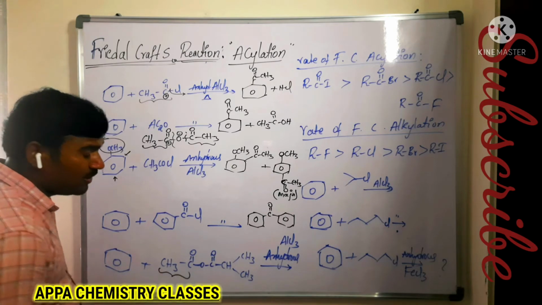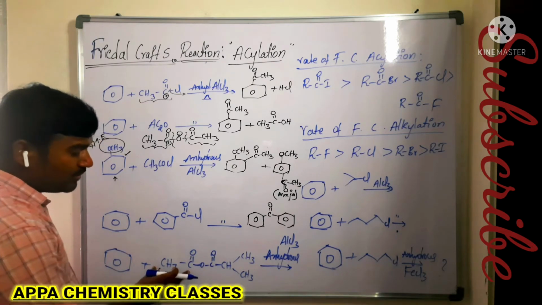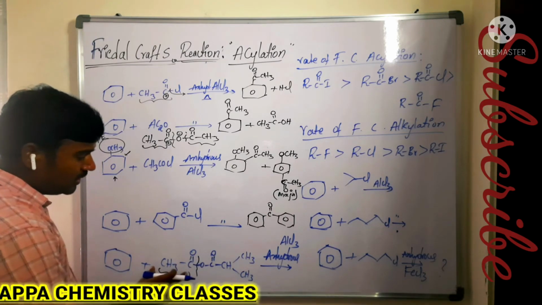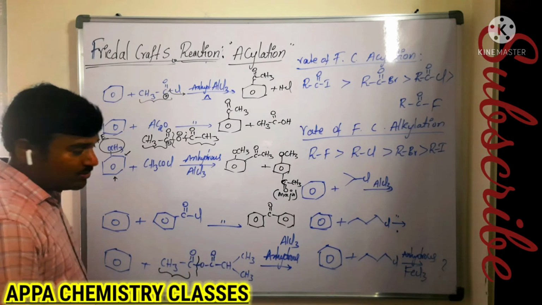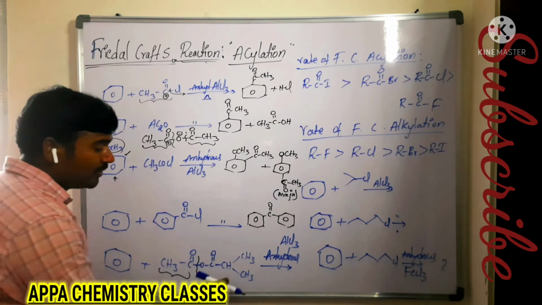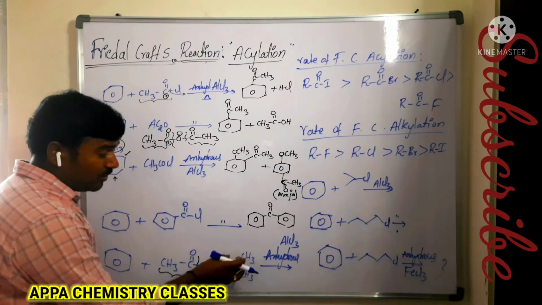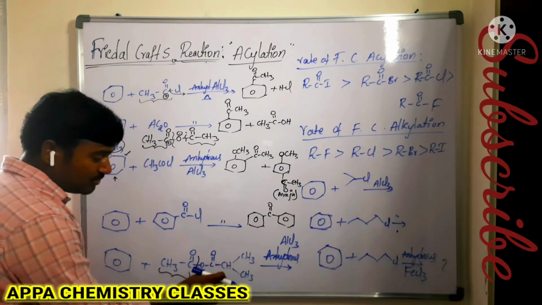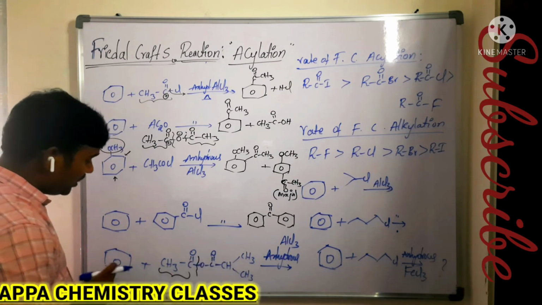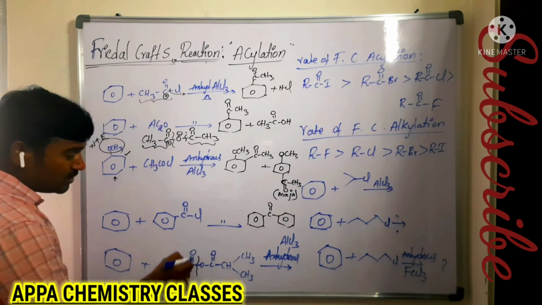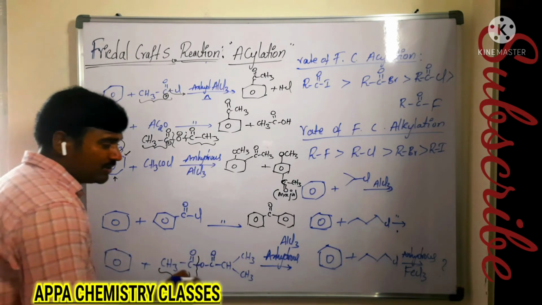The less hindered one will be substituted, since its steric hindrance is less. The small alkyl group is substituted with this carbocation, while here more alkyl groups are present and so there is steric hindrance. For that reason the smaller one will be substituted on the benzene ring.